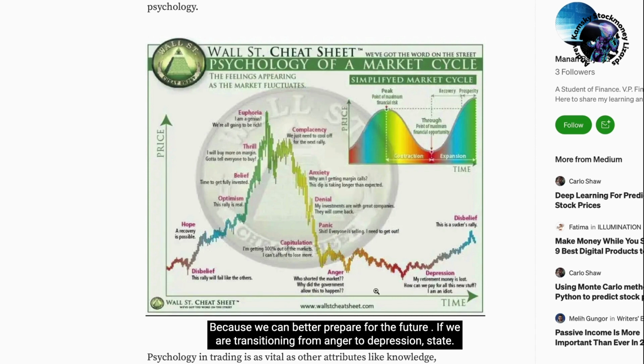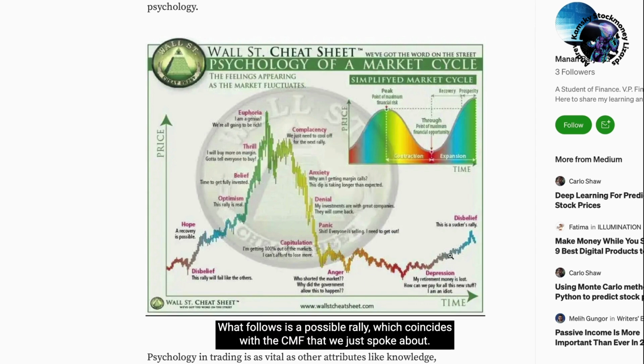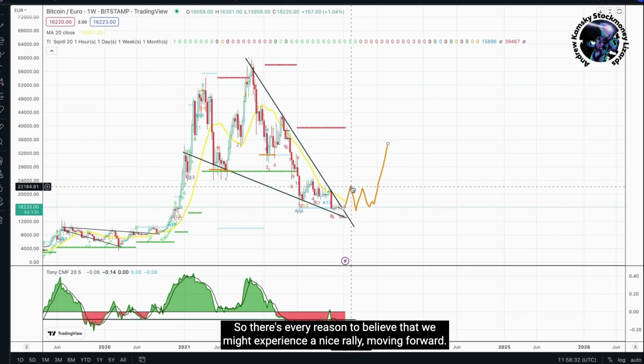If we are transitioning from anger to depression state, then what follows is a possible rally, which coincides with the CMF that we just spoke about, the breakout of this falling wedge. So there's every reason to believe that we might experience a nice rally moving forward.